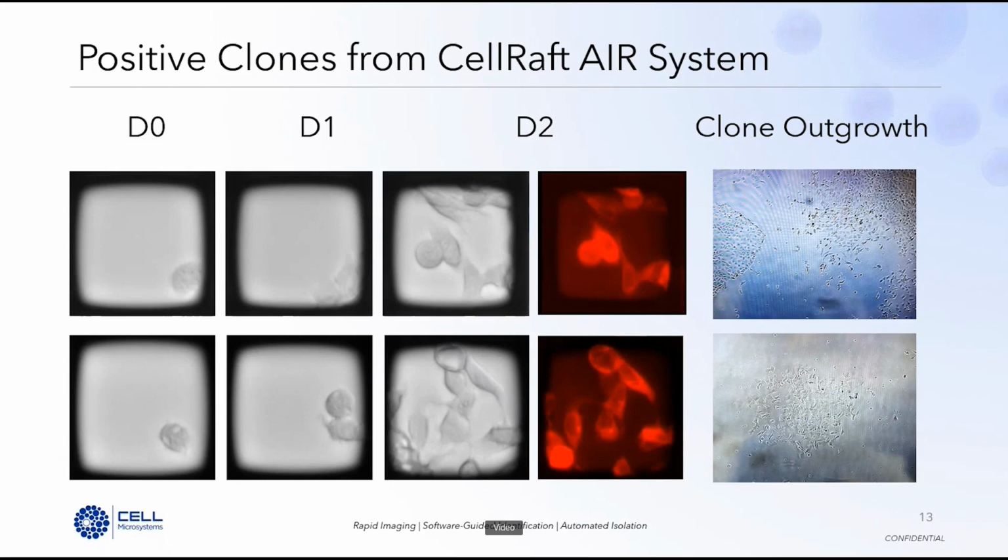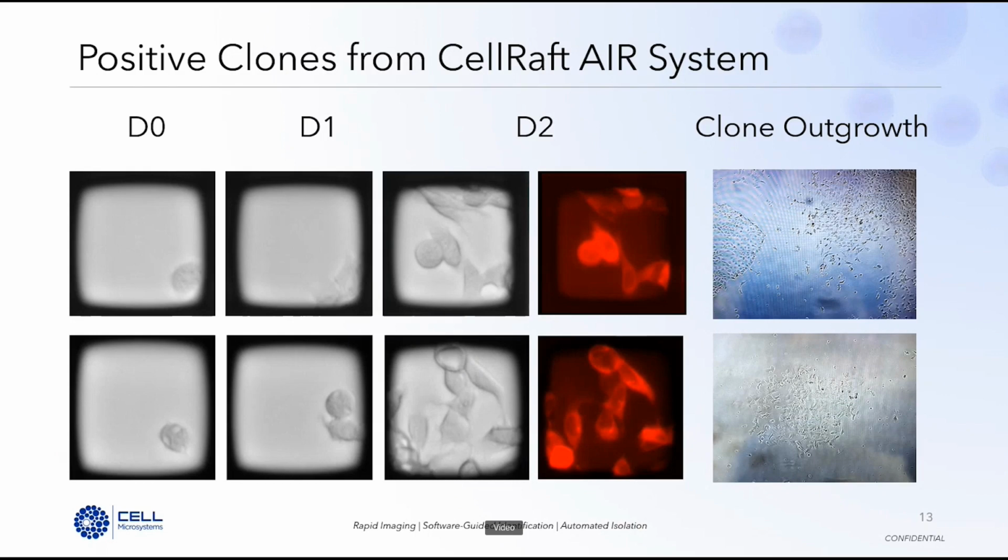Here you can see the progression of a single cell into a gene-positive clone on the array and the clonal outgrowth after isolation. So on day 0, when we seeded the cells, we allowed them to settle, and then we took that first scan to capture the wells that had a single cell. On day 1 after seeding, we imaged the cells again on array, identified dividing cells, and then were able to induce gene expression directly on the array.